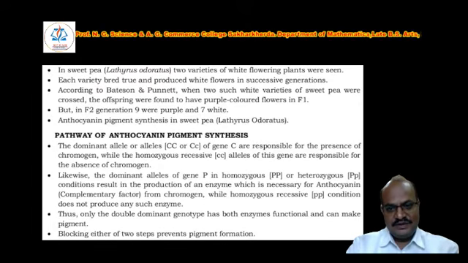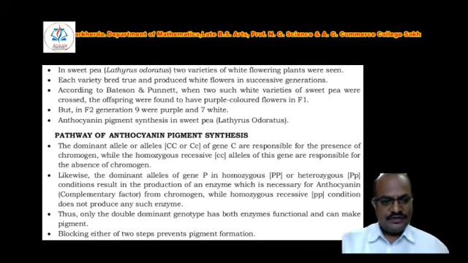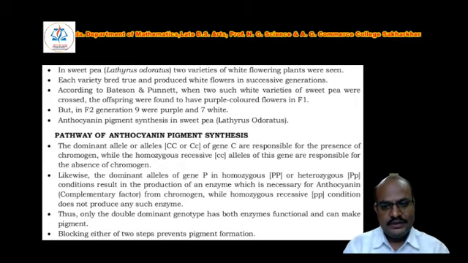In the sweet pea plant, the pink-purple pigmentation found in the flower is due to anthocyanin pigment synthesis. What is the effect of gene interaction on pigmentation formation?